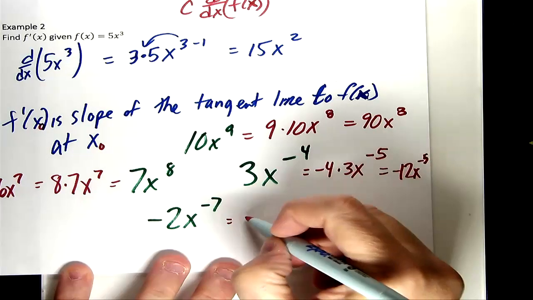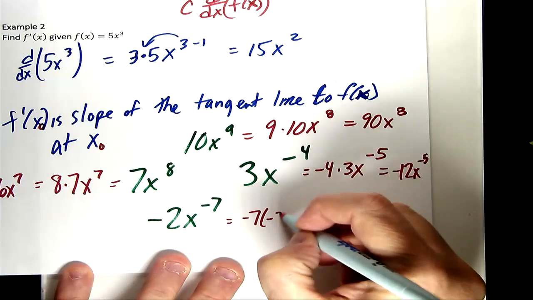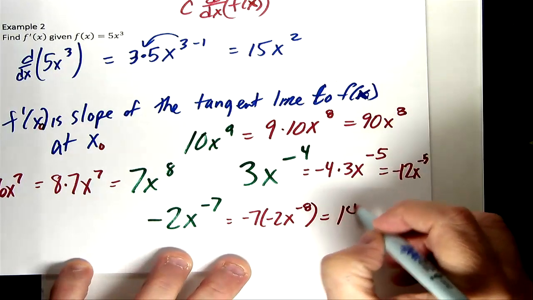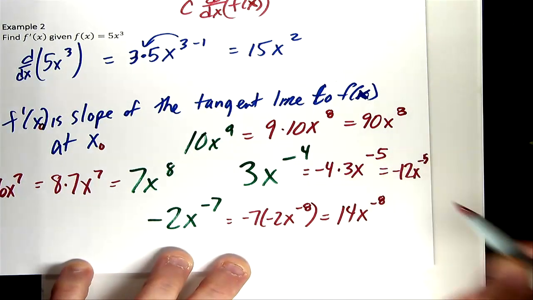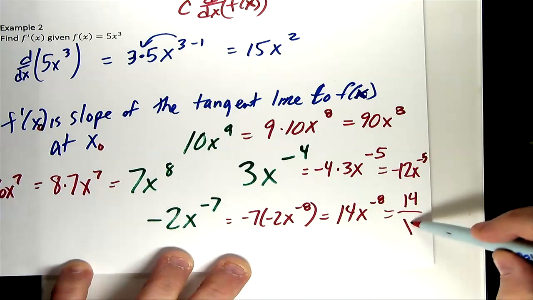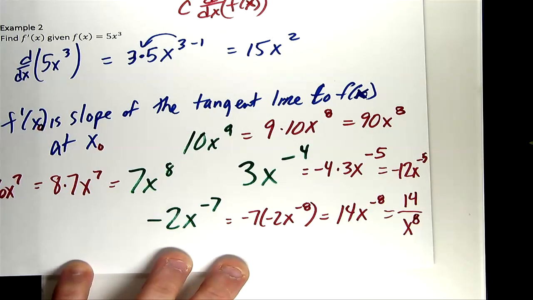And here we bring the -7 down, and we get 14x to the -8. As a reminder, a negative exponent just means move it to the bottom and make the exponent positive.